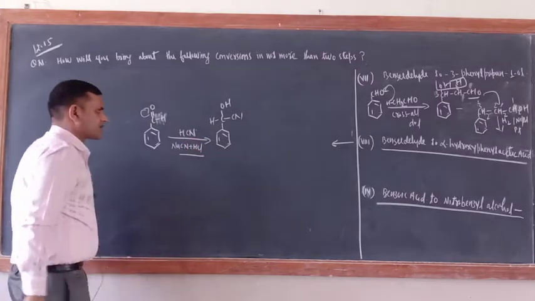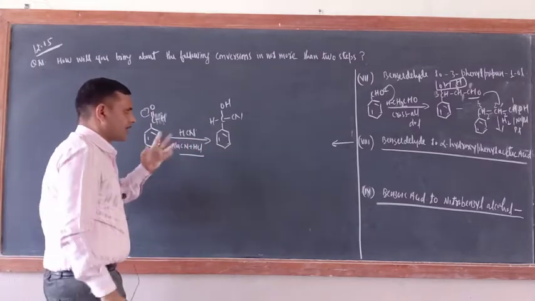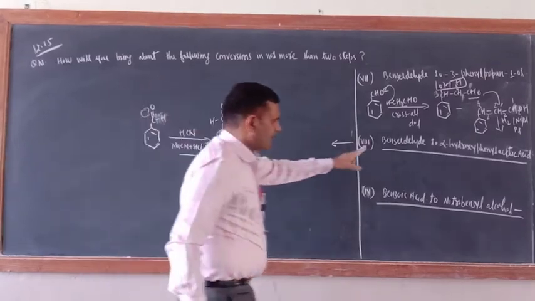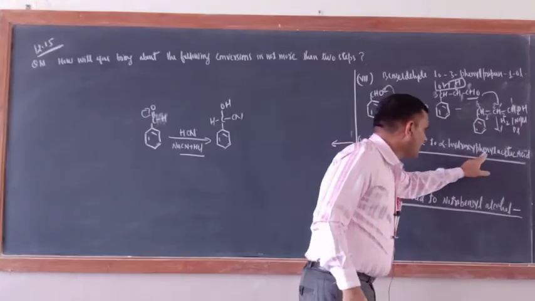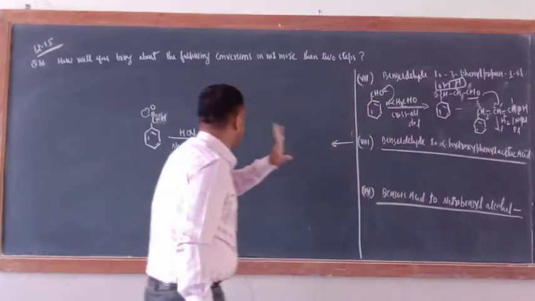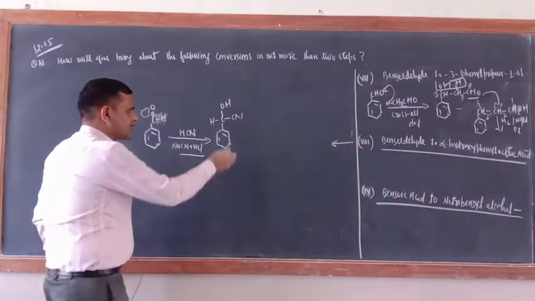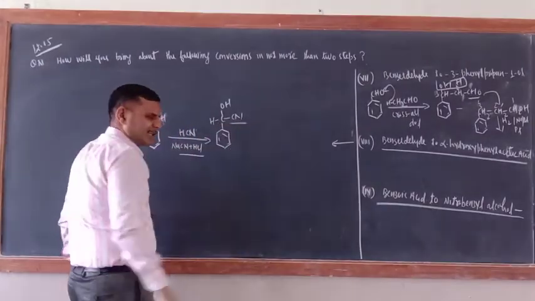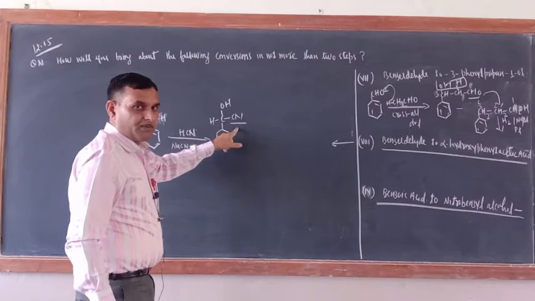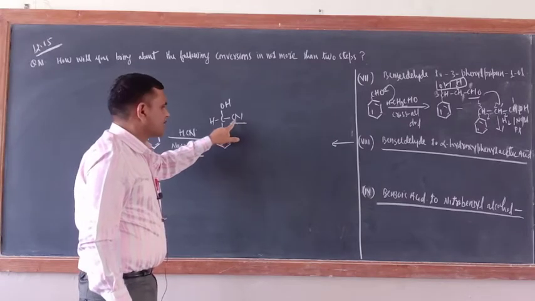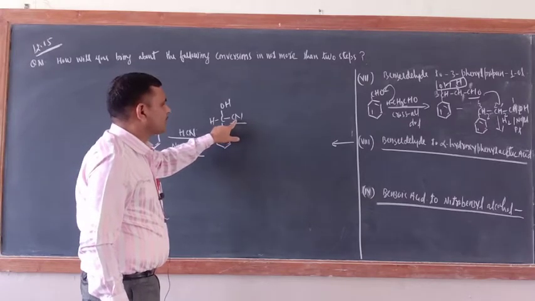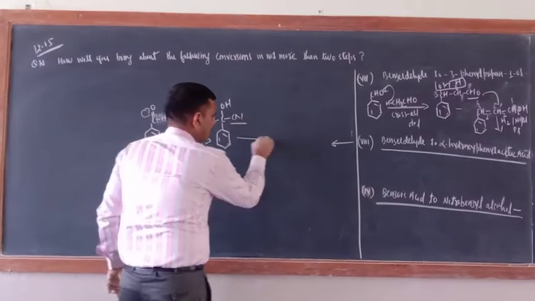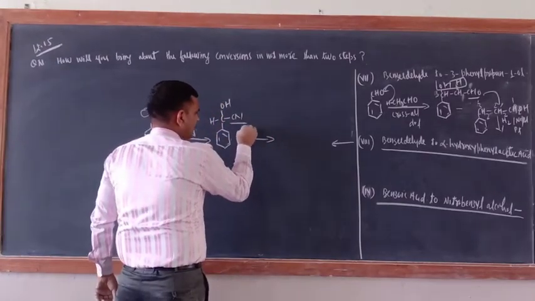Okay, so this is cyanohydrin. Now just see, easy. Benzaldehyde to alpha hydroxyphenyl acetic acid. Just a minute. See, CN is a very important reagent. If it is subjected to acidic hydrolysis, this will be converted into a COOH group. That only should be.